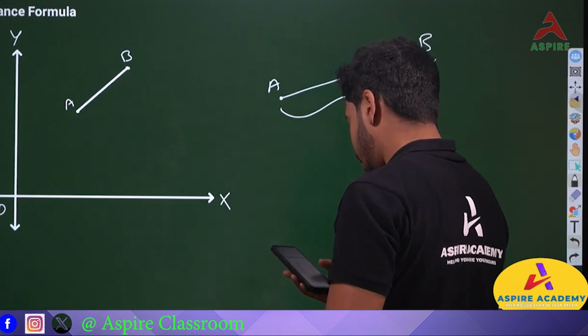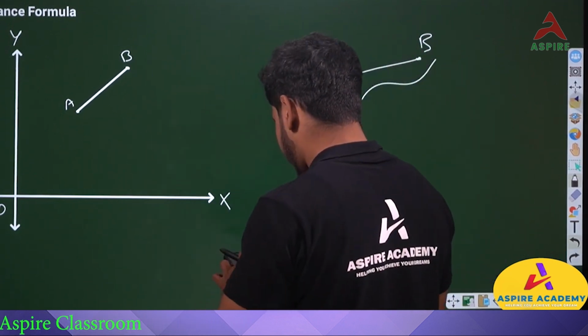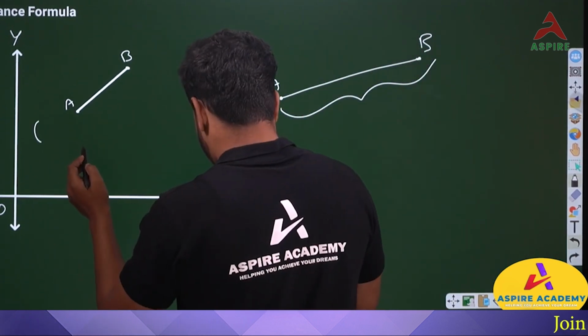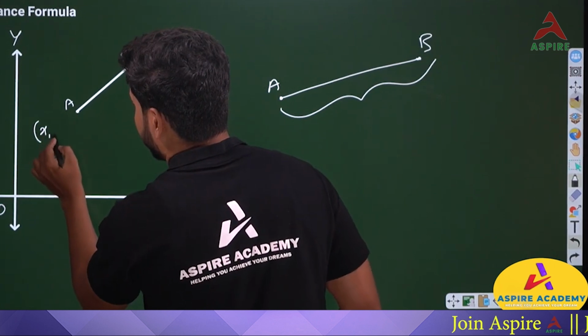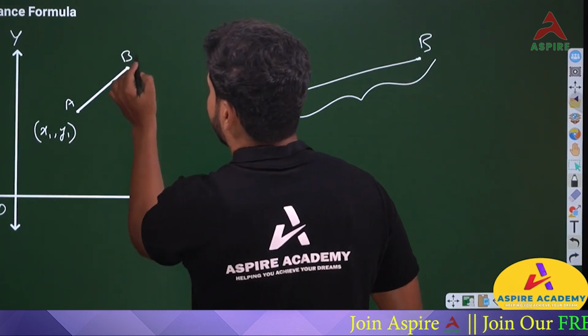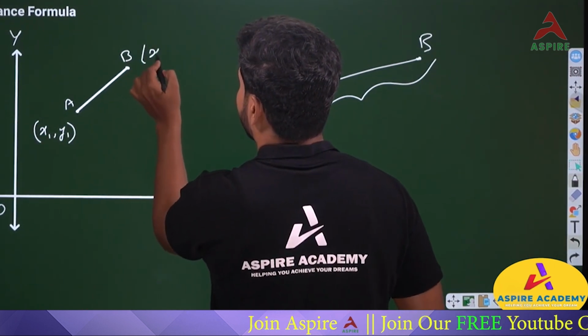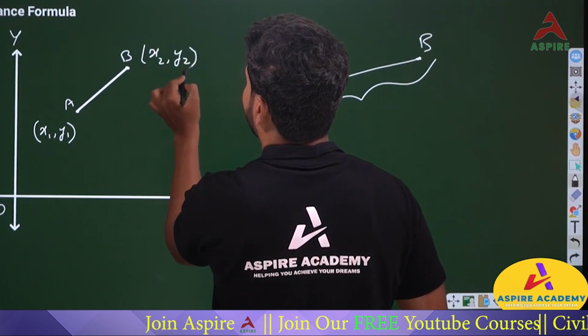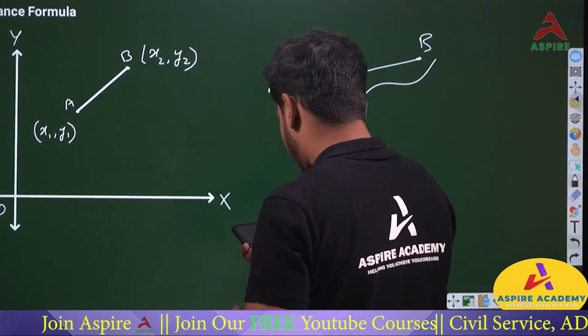So first of all, let the coordinates of A be x1 comma y1, and the coordinates of B be x2 comma y2, right?